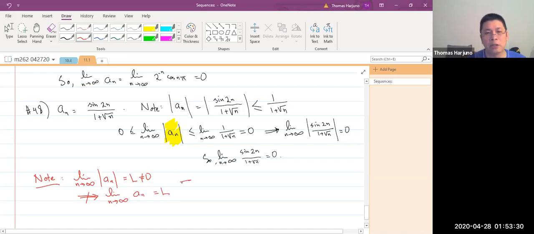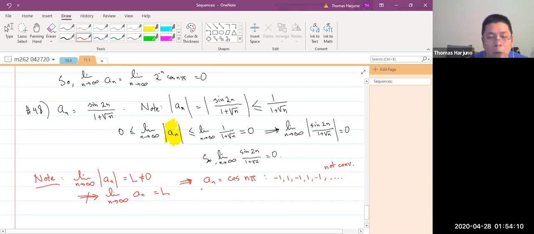Now, pay attention to the following example. a sub n equals cosine n pi. If you think about this sequence, cosine n pi is -1, 1, -1, 1, -1, and so on. This is not convergent. It doesn't converge to 1, it doesn't converge to -1.